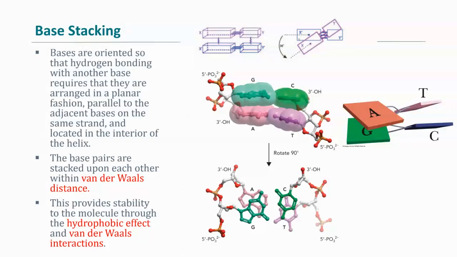Okay, and also the bases have to be oriented so that the hydrogen bonding with another base is possible. They are arranged in planar fashion, parallel to the adjacent base on the same strand and located in the interior of the helix. And the base pairs are stacked upon each other within the van der Waals distance.